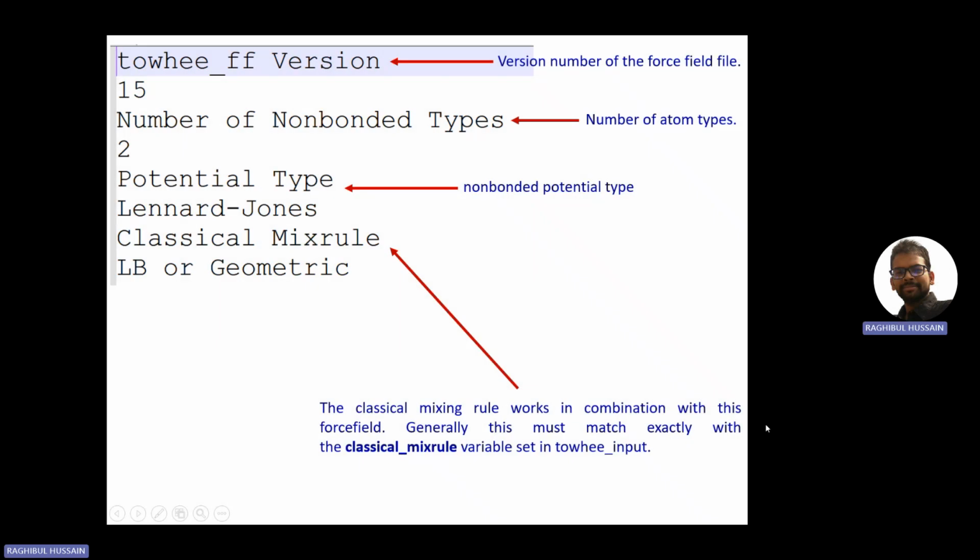Now you open your force field file. The file TOHI_input is the first we have completed. Now come to this force field file.